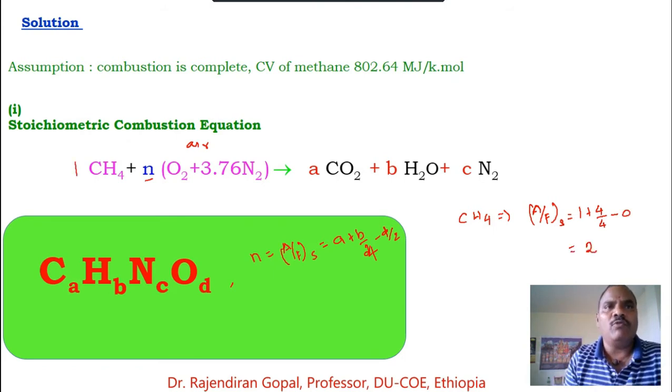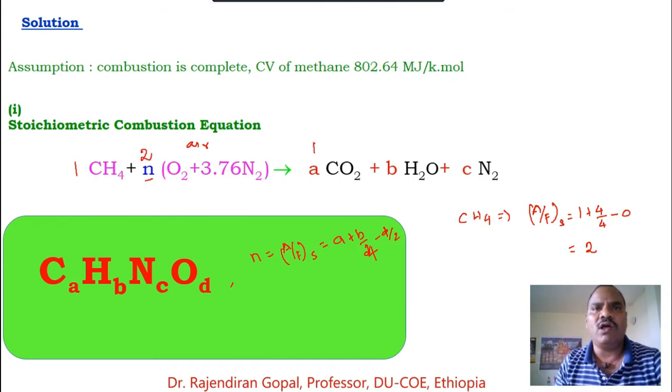So 1 kilomole of methane reacts with 2 kilomole of air to produce 1 kilomole of CO2, 2 kilomole of water vapor and 2 into 3.76 kilomole of nitrogen.